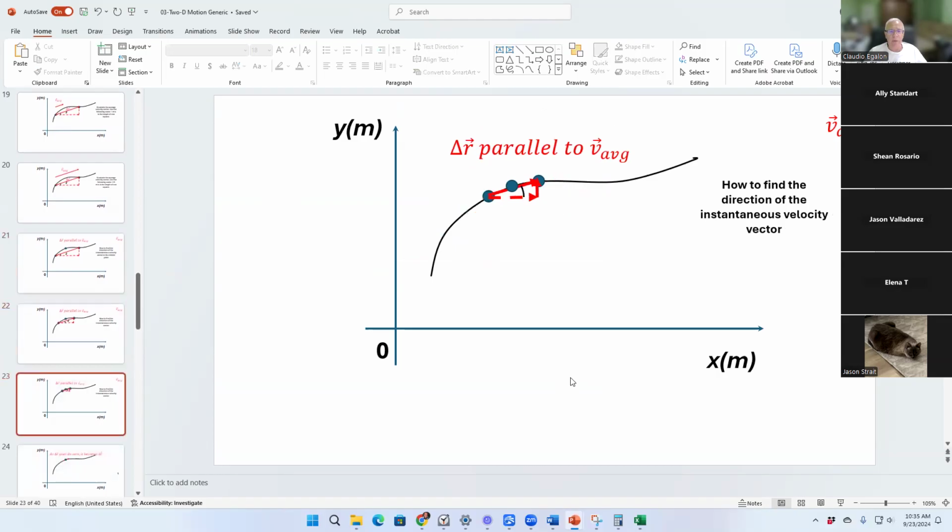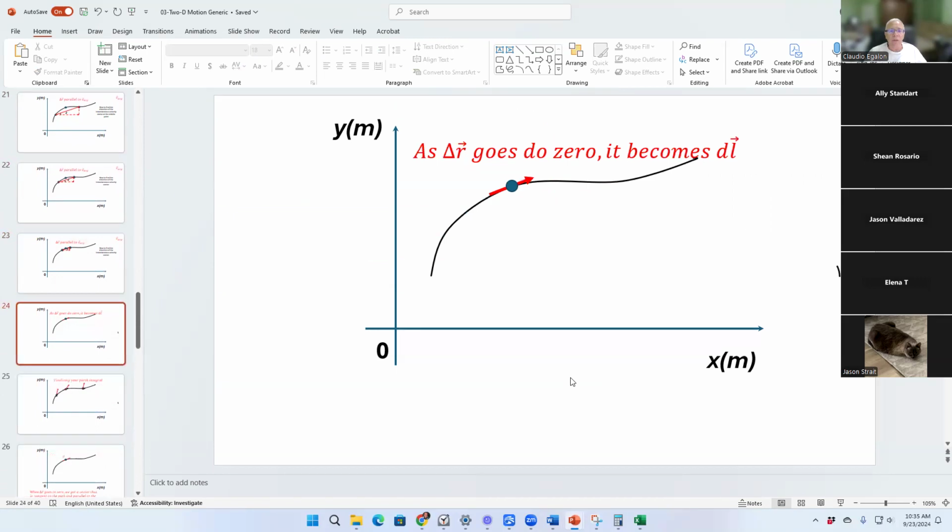The delta r vector is shrinking, but it's tending towards a direction that's tangent to the path.